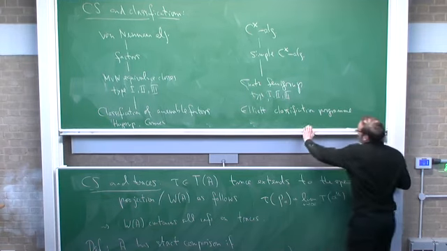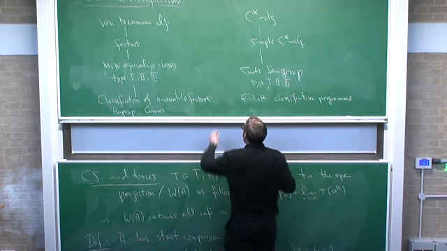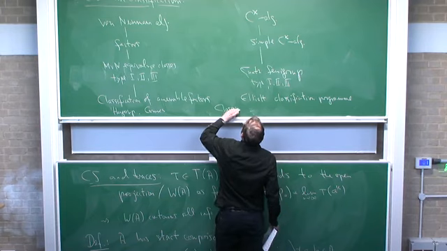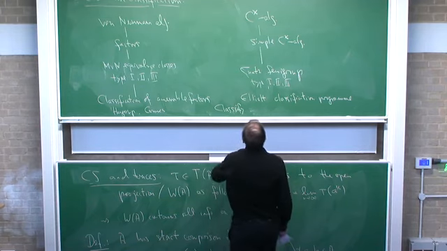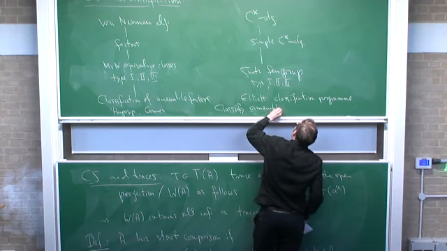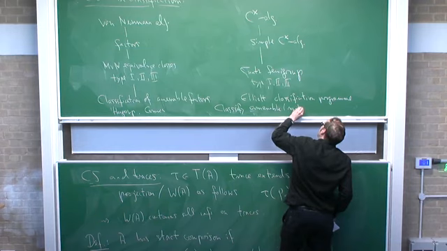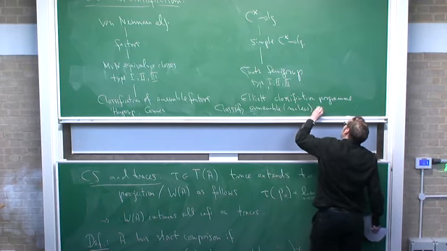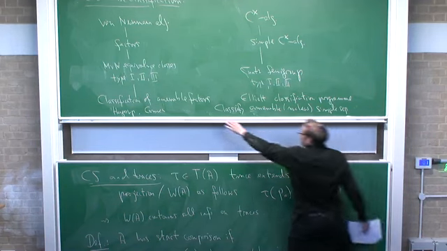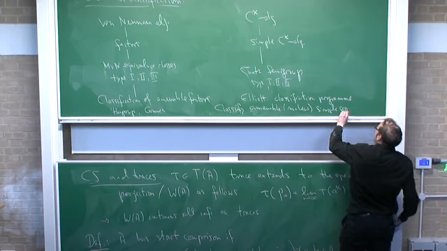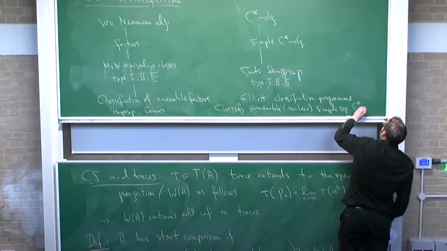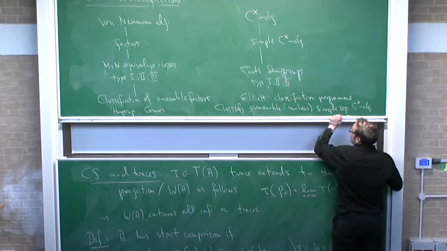Which aims to classify amenable, that means nuclear, simple, separable C-star algebras by the Elliott invariant.